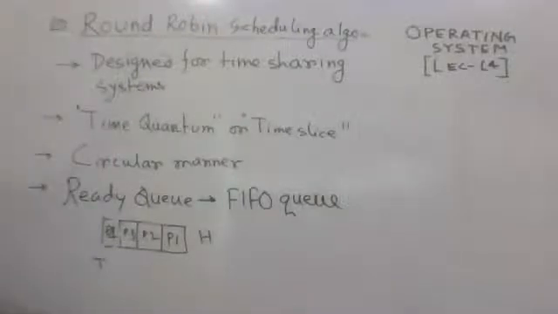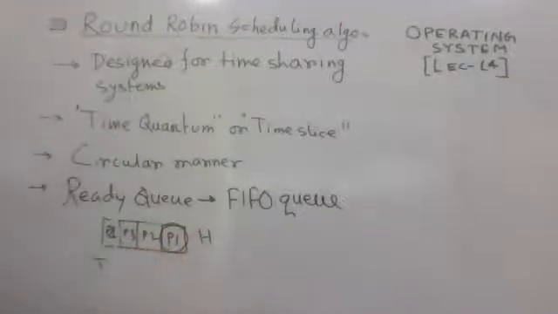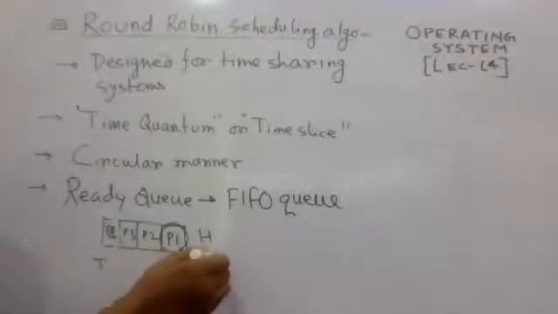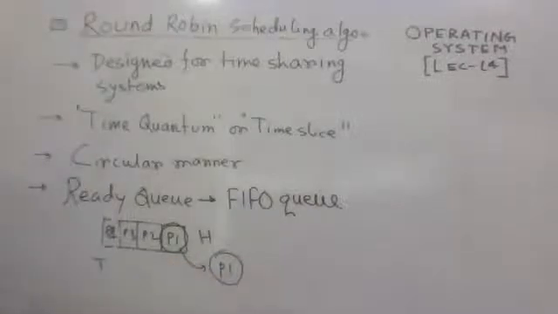The short-term scheduler picks the first process from the ready queue, that is P1, and sets a timer to interrupt after one time quantum and loads it into the CPU.